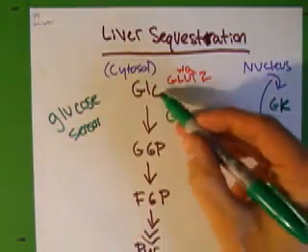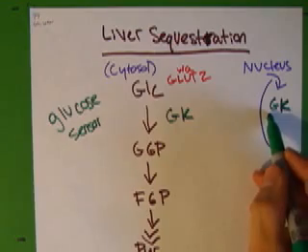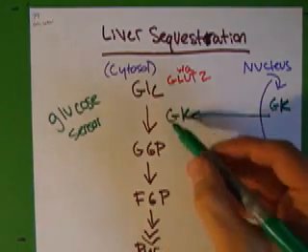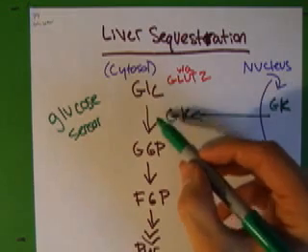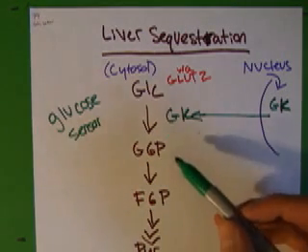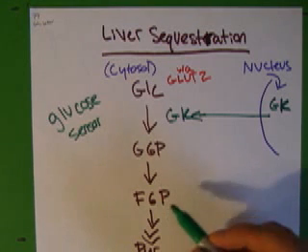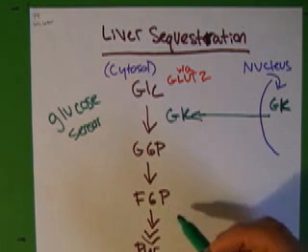Which means it knows when glucose enters the cell, and it brings glucokinase out to help with reaction number 1 here. So then you have glycolysis taking place as usual, and you get fructose 6-phosphate.